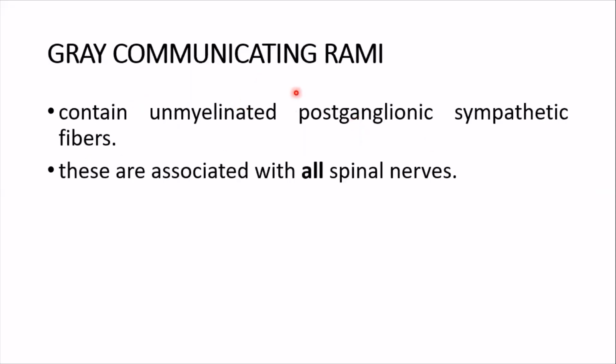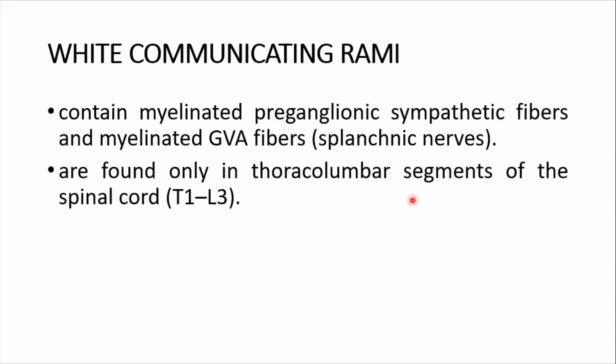Then the gray communicating rami, right? What are they? They contain unmyelinated postganglionic sympathetic fibers associated with all spinal nerves. So there are gray communicating rami and then the white communicating rami. Gray are related with all spinal nerves, and the white communicating rami are found only in the thoracolumbar segments.